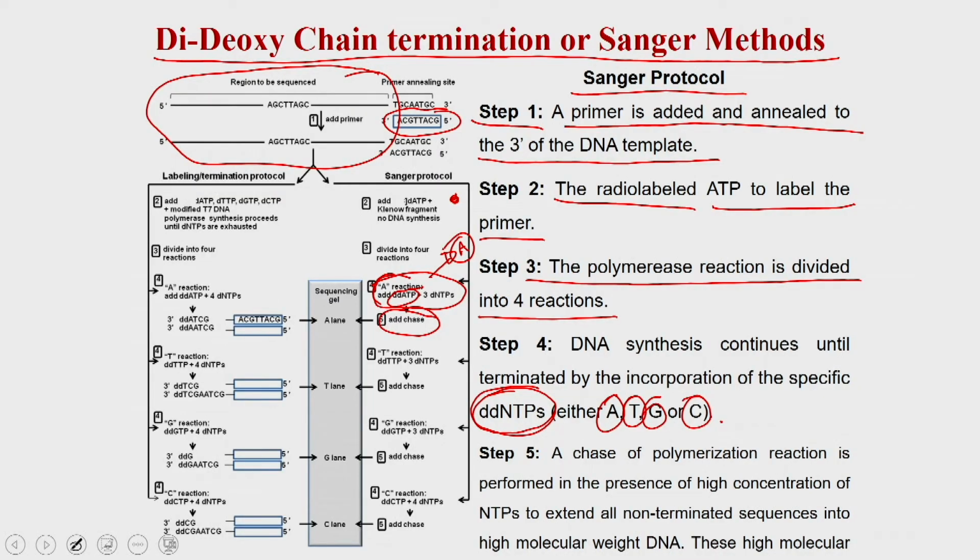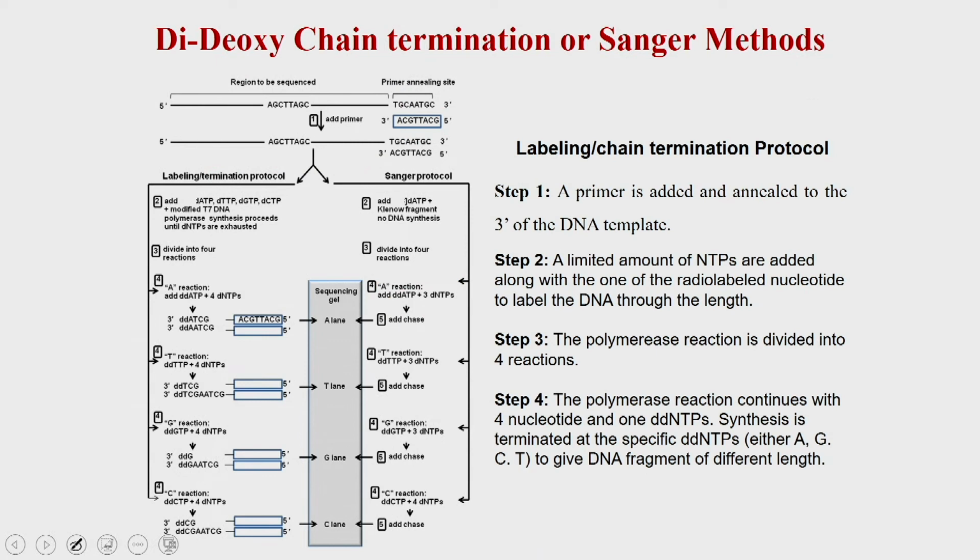Whereas, in the alternate reaction, which is called the labeling or termination protocol, step 1 remains the same, where you add the primers and let them anneal to the 3' end. Then you add a limited amount of NTPs along with one radiolabeled nucleotide to label the DNA throughout its length.